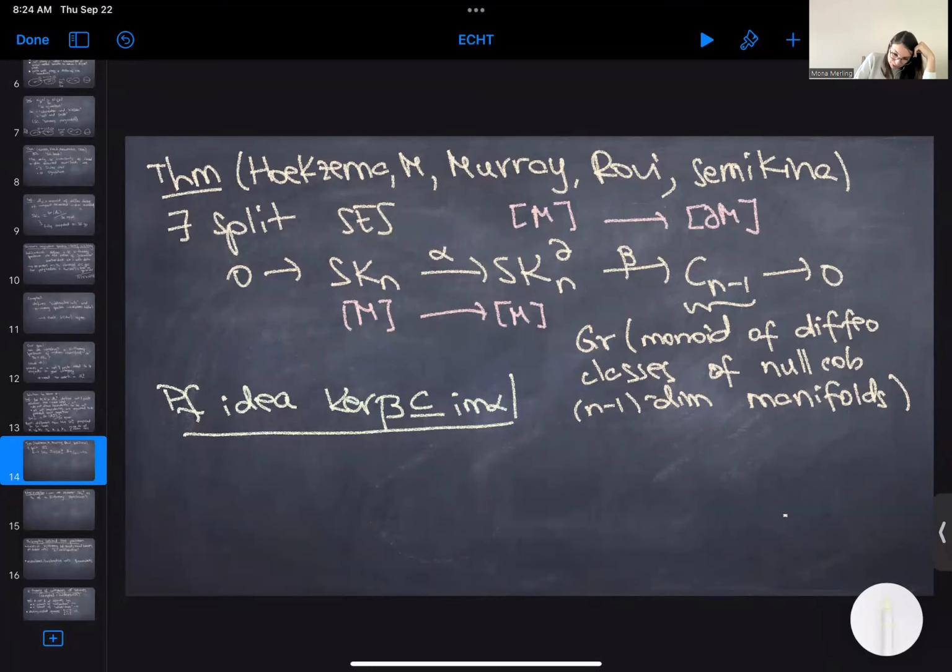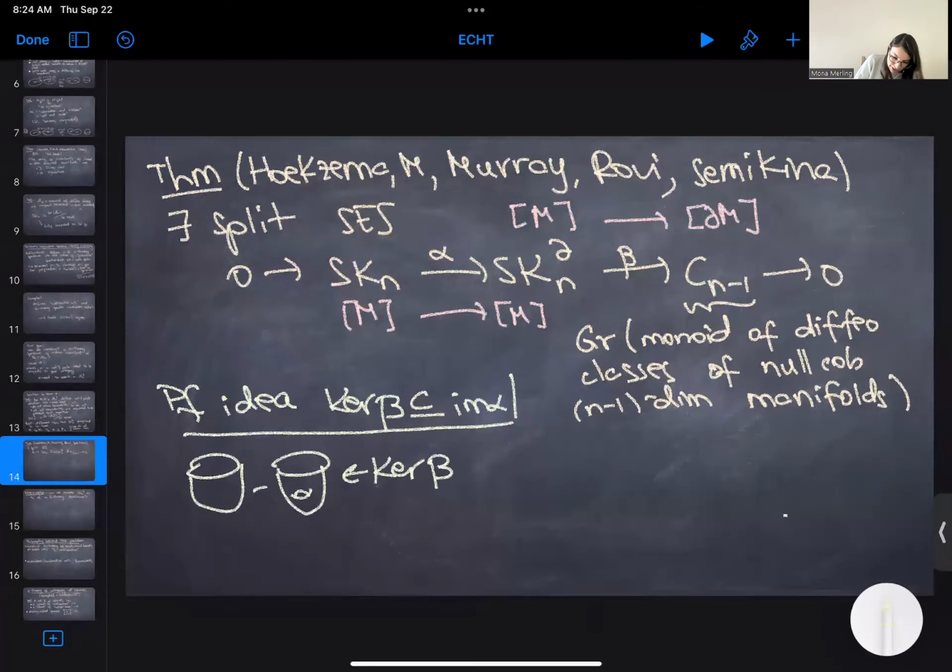Okay, so what does it mean to be in the kernel? You have to be a formal difference of things that have the same boundary. So let's pick these two pieces. This is an example of something in the kernel of beta. In order to show that it's in the image of alpha, I need to express this as a formal difference of closed manifolds.